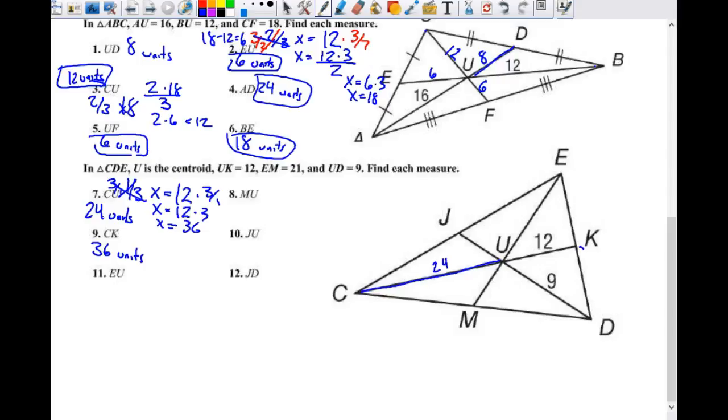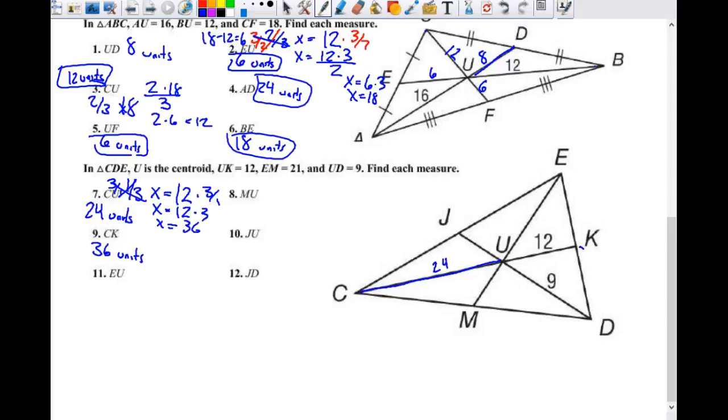We're solving for MU. I want your attention again. Now we're trying to find MU. We'll look at the line of MU. There's nothing there. But if you read the instructions, it tells us the entire line, EM, is 21.